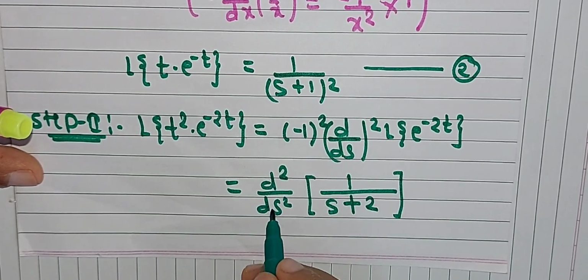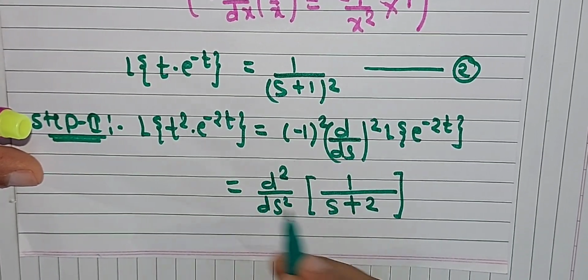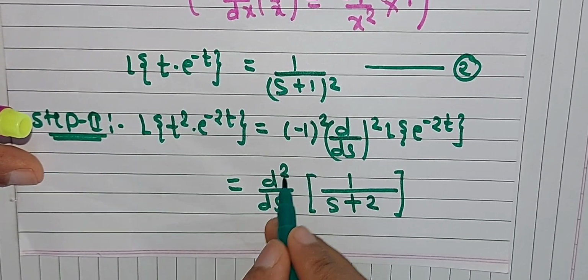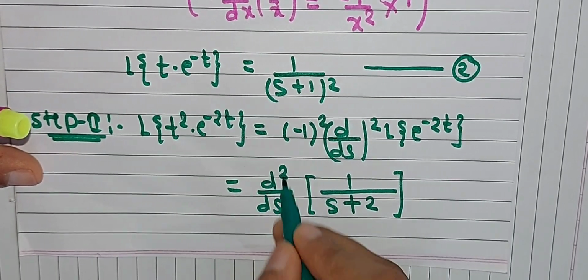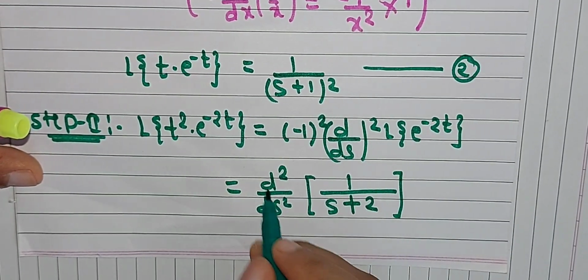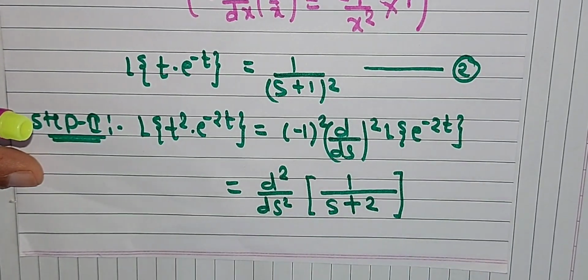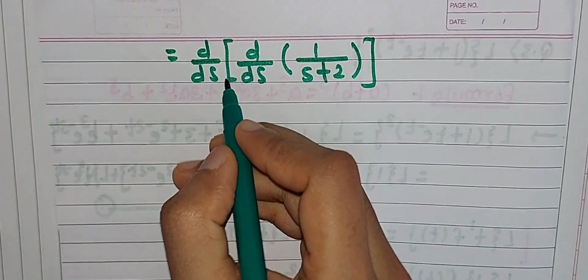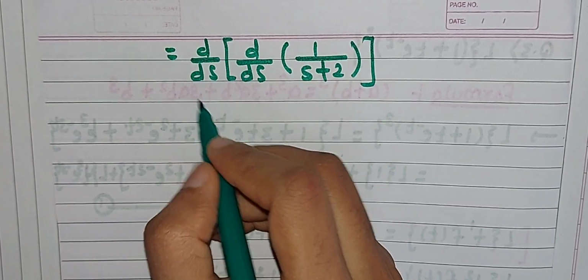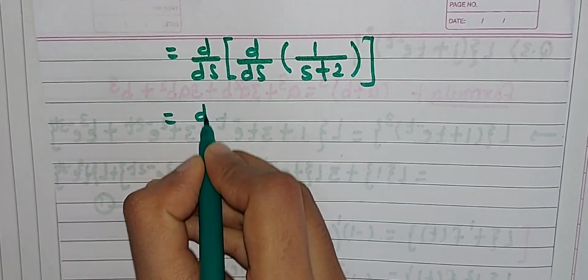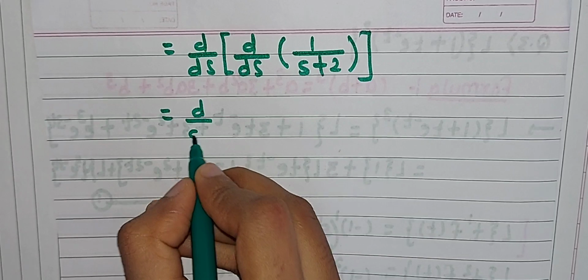What is this? Of course a derivative, and we can take the derivative of this function 2 times, because d2 divided by ds square contains a power 2. So the above equation can also be written like this. Firstly we take this d by ds as it is.